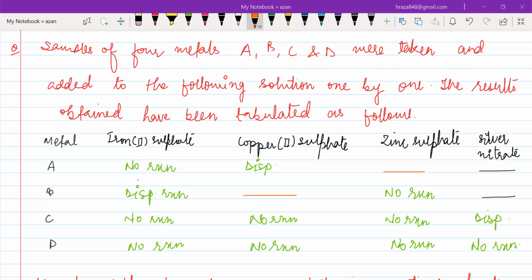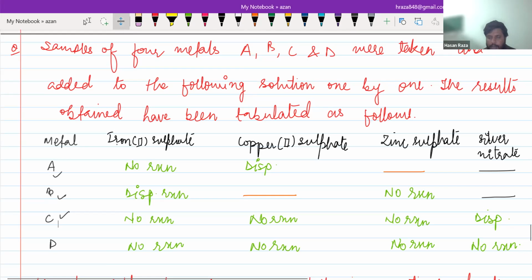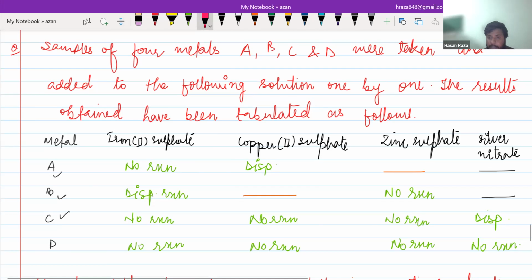Sir, first answer is copper. Don't need to give the answer in copper sulfate. What you need to tell me is in A, B, C, D, which one is most reactive? Are you getting my point? Not copper sulfate, iron.